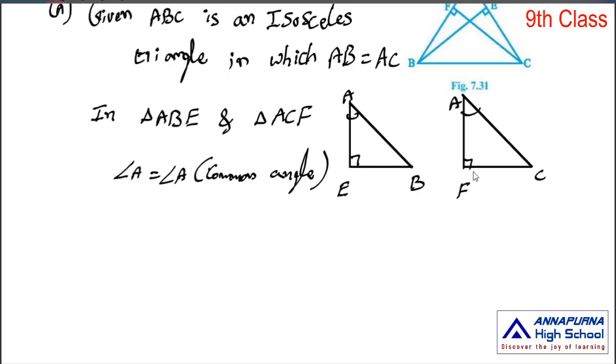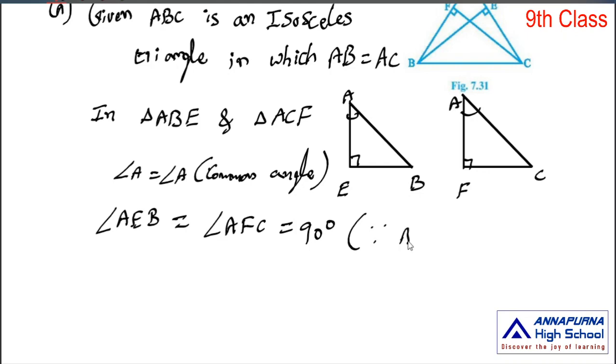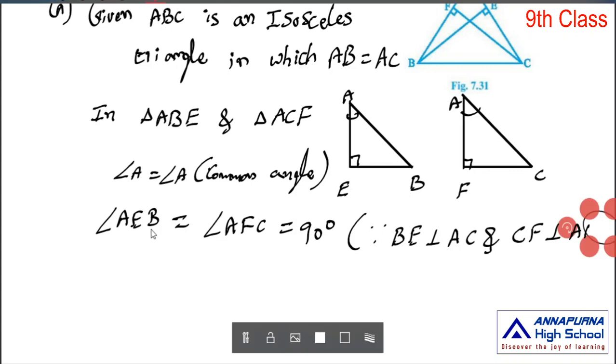These two angles are equal because BE is perpendicular to AC and CF is perpendicular to AB.